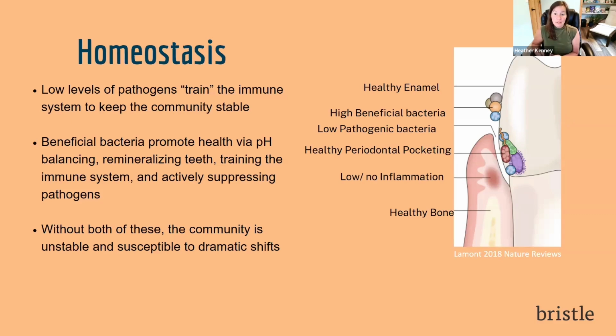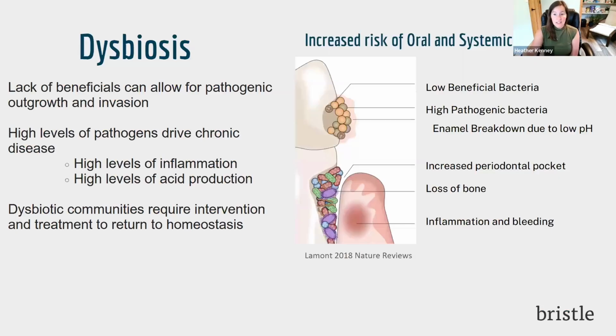Without having both beneficial and some pathogenic bacteria, we don't have a very stable environment, and we're susceptible to drastic shifts. In those shifts, we end up with dysbiosis. A lack of beneficial bacteria can allow pathogenic overgrowth and invasion. And when we have an overgrowth of pathogenic bacteria, that leads to disease pathways like high inflammation with periodontal disease and gingivitis, and maybe even acid production that leads to decay issues.